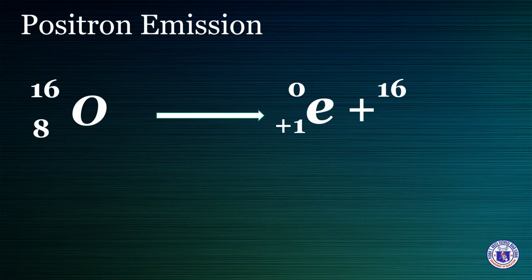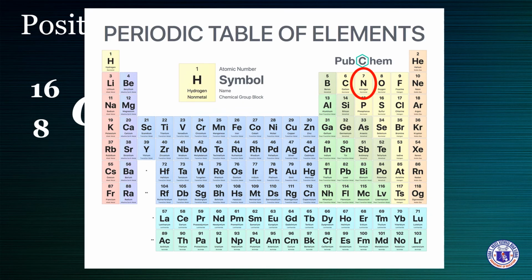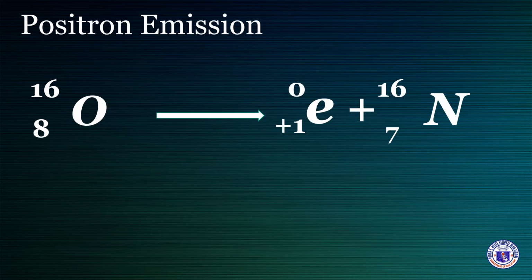The atomic number of oxygen is 8, less 1 charge from the positron, so the answer is 7. Again, in the periodic table, the element that has an atomic number of 7 is nitrogen. So the new element that was formed during the positron emission is nitrogen.